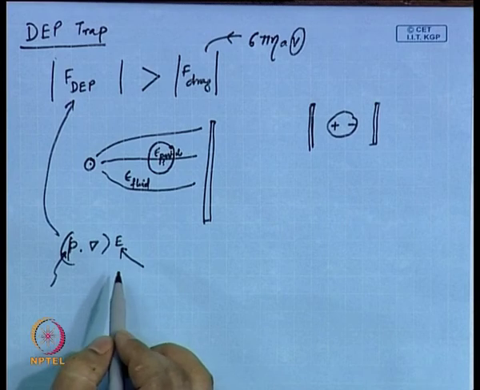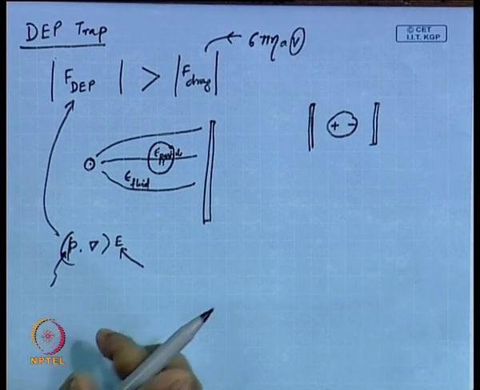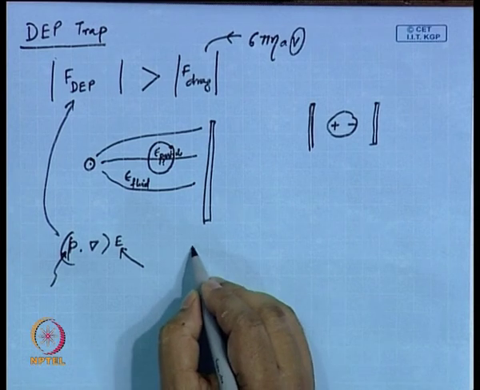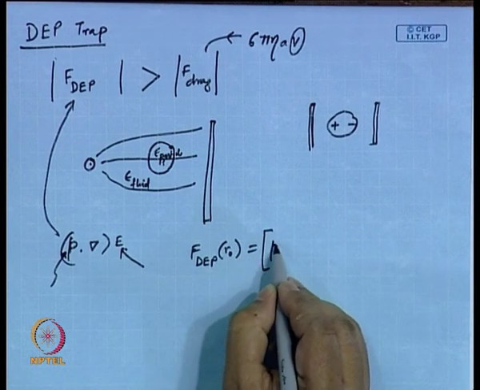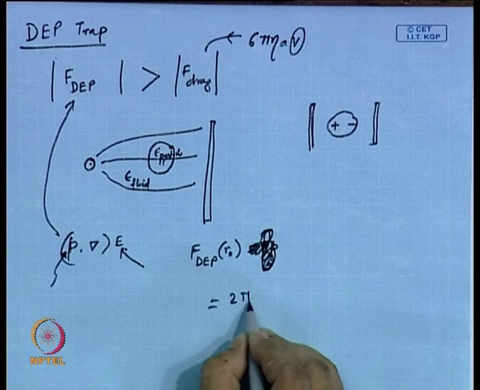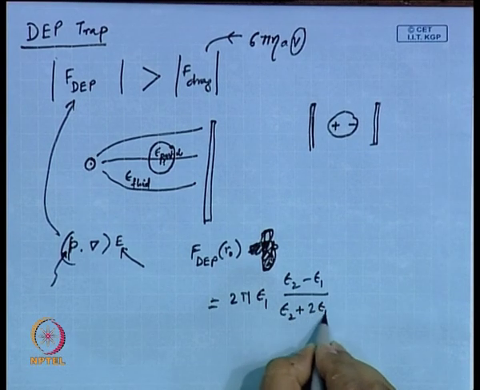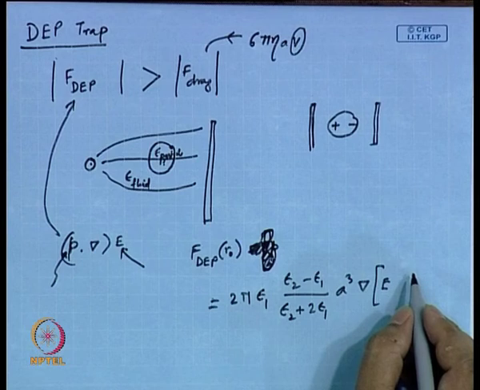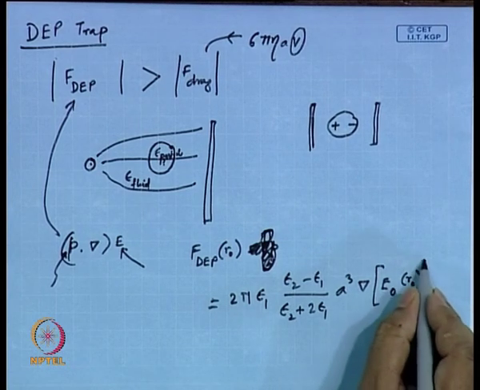Near the end of last class, if you go to the notes, what we ended up with is FDEP at R0, let me give the final expression: equal to 2 pi epsilon 1 times (epsilon 2 minus epsilon 1) divided by (epsilon 2 plus 2 epsilon 1), times a cube, times delta of E naught at R naught, whole square.